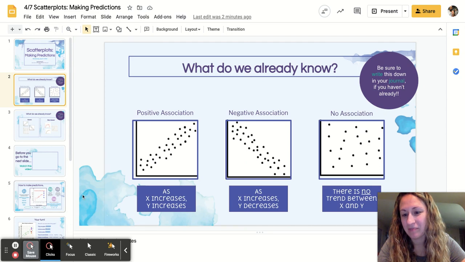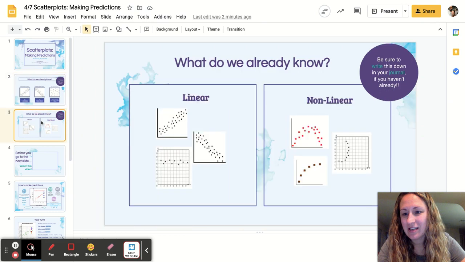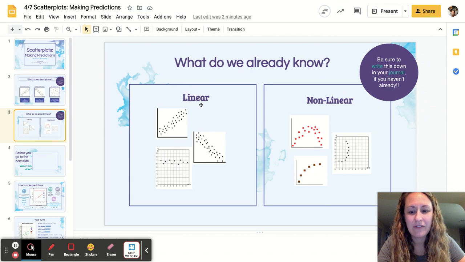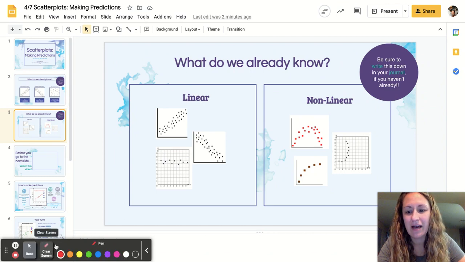So I'm very sorry. All right, so over here, we have our linear and nonlinear. What I like to tell the kids in my class is, guys, look at this word to help you. Linear, I know it sounds a little funny when we're saying it out loud, but it has the word line in it, okay? So if we're looking at this, it says line in the word linear.